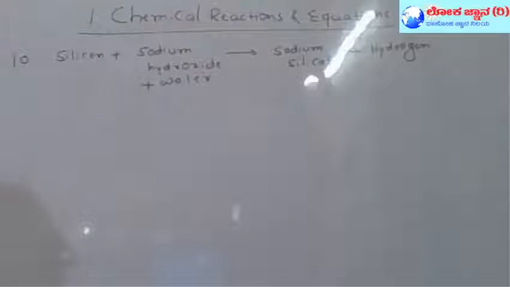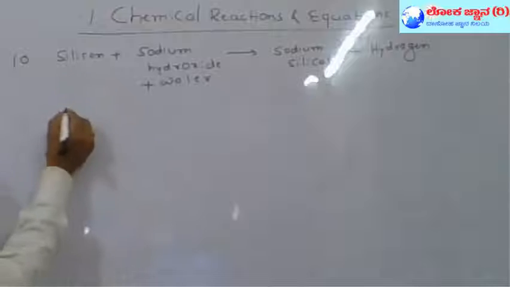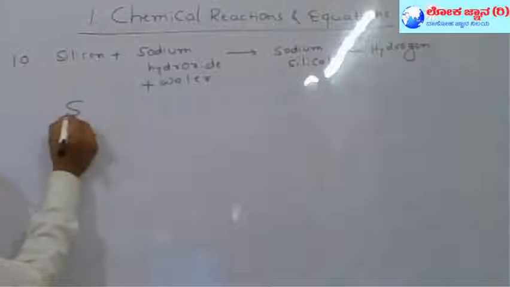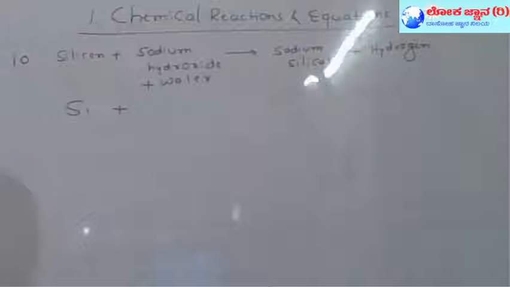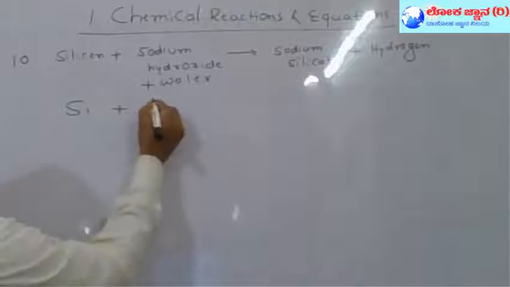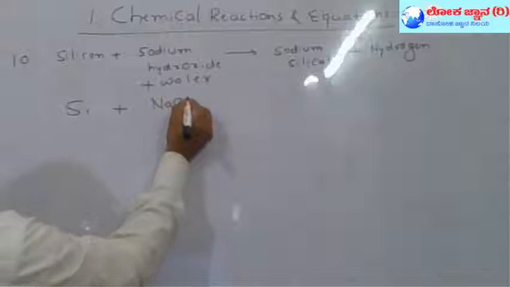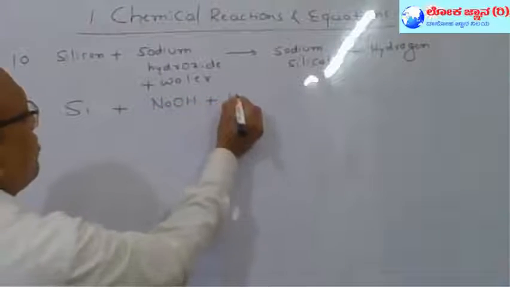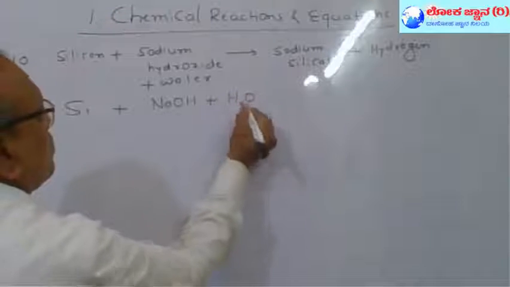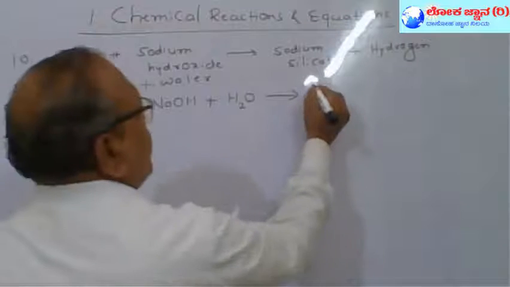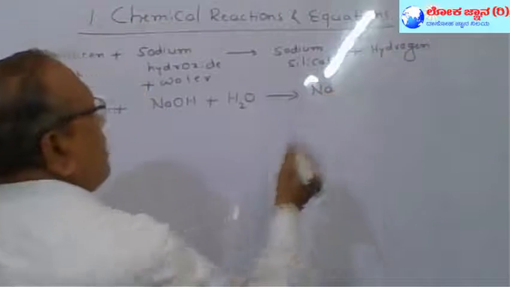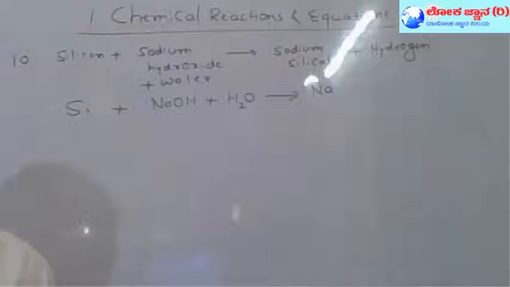First of all, you have to start symbolizing. What is the symbol for silicon? Si. Sodium hydroxide is NaOH. The symbol for water is H2O. What is the symbol for sodium silicate? Check it by writing the formula. The symbol for sodium ion is Na plus 1. Silicate is SiO3 minus 2, right?